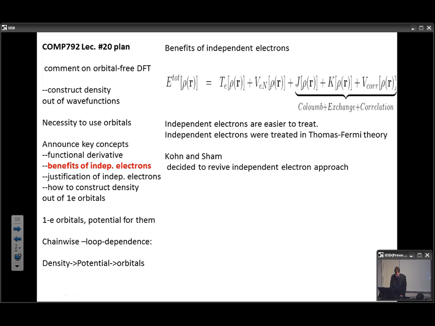Okay, so with all this level of complication, one realizes that it would be so much more convenient to have independent and non-interacting electrons, so that this benefit is inducing any intellectual effort that can bring us to this situation.